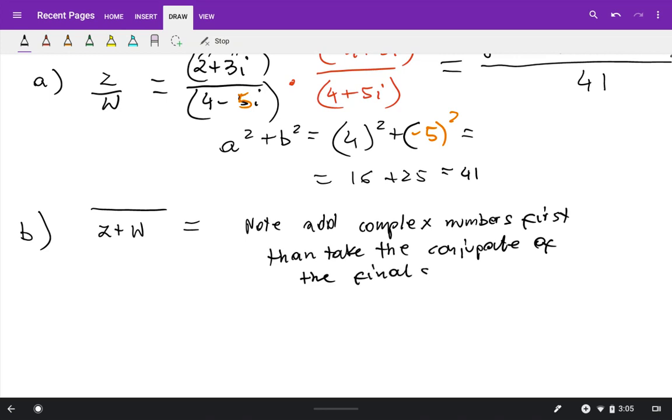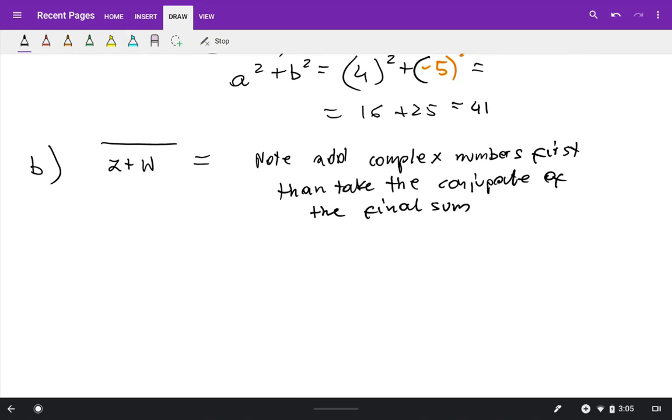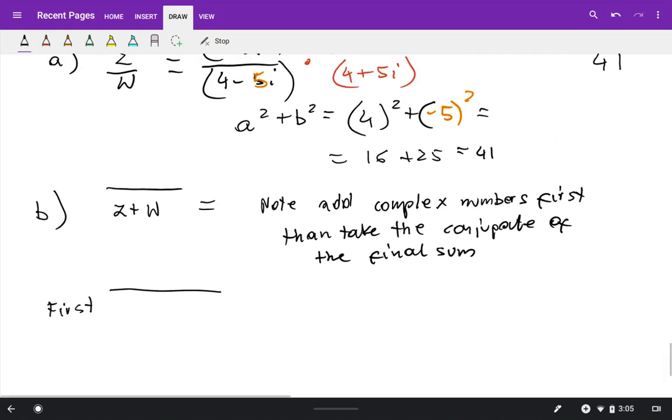Sum, again, is the answer of adding two expressions. Okay, so we have z plus w, and then we have to take the conjugate. So first, we're going to add two complex numbers together.